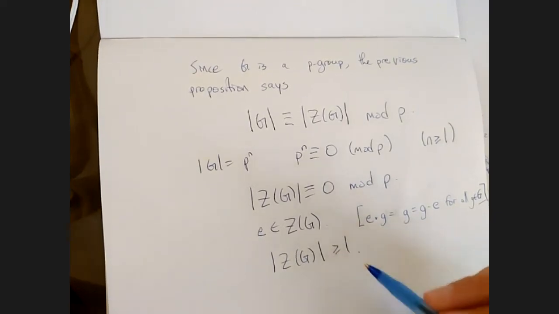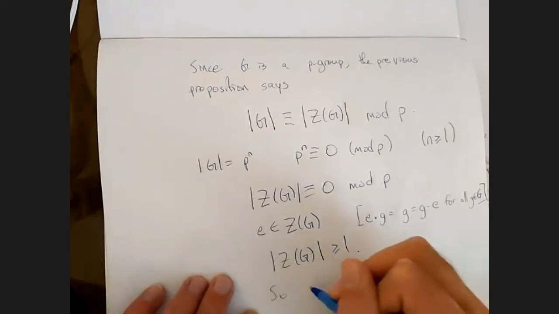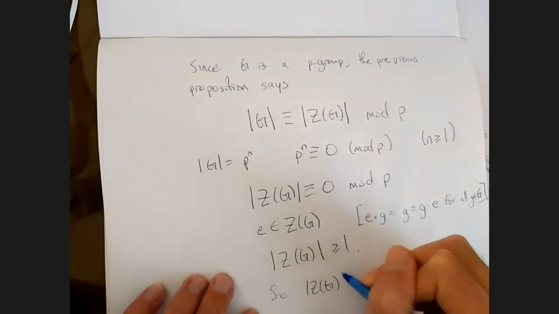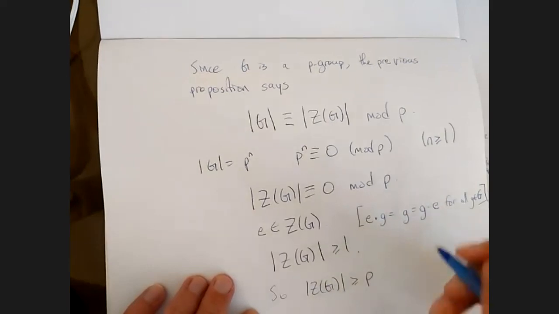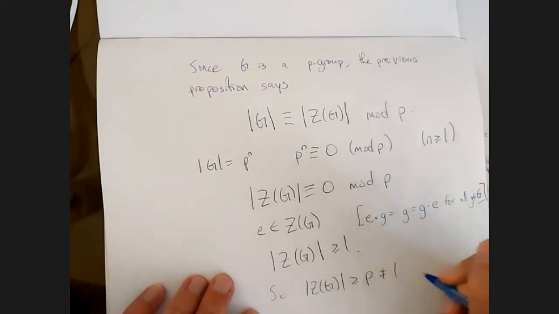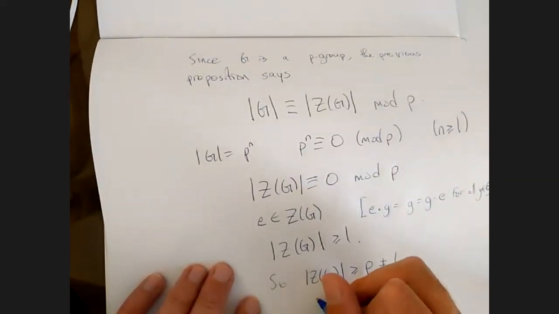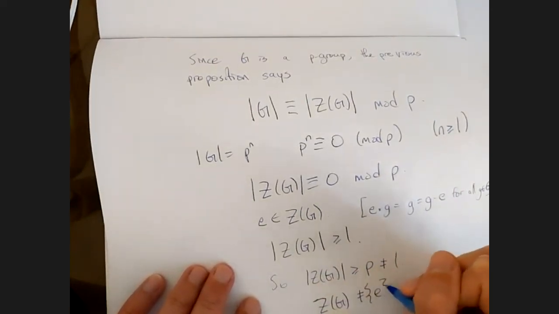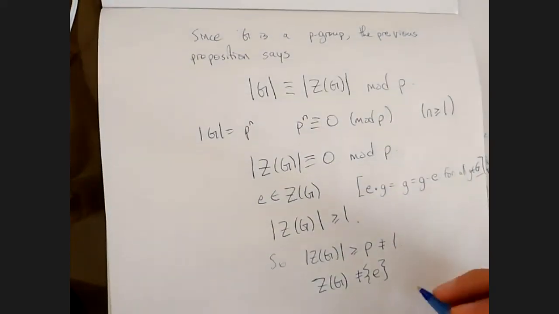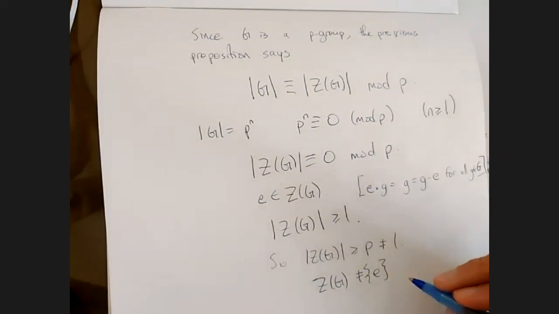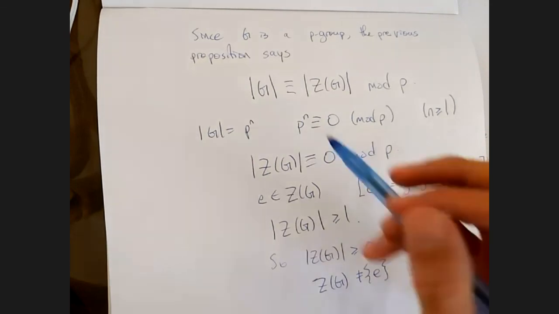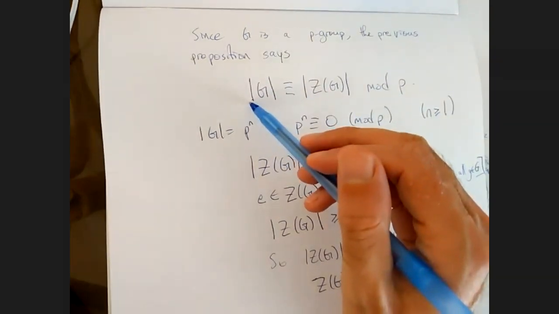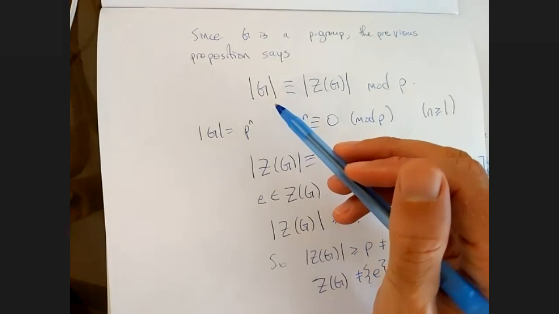It has to be strictly greater than one. So this tells us that the center of G has at least P elements, strictly greater than one, and therefore the center is non-trivial. In other words, the center is strictly larger than just the trivial subgroup. That is just the information coming from the fact that G has P to the N elements.